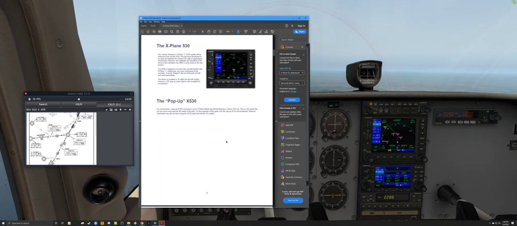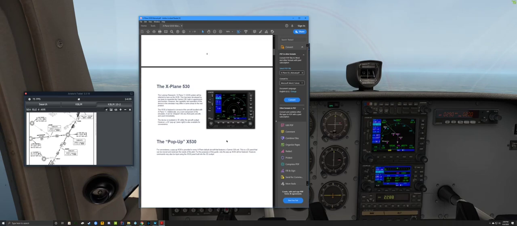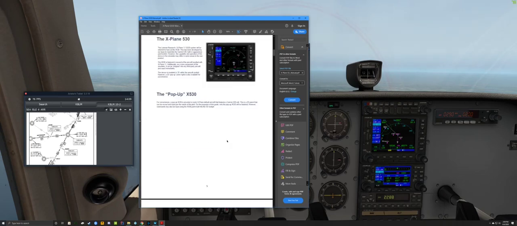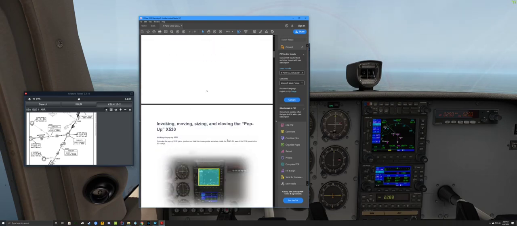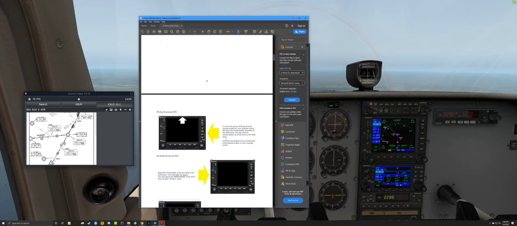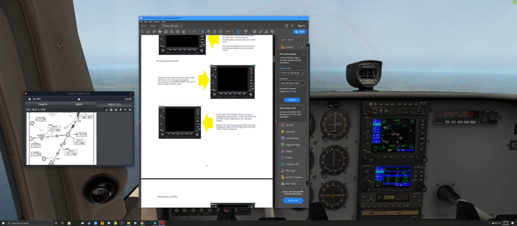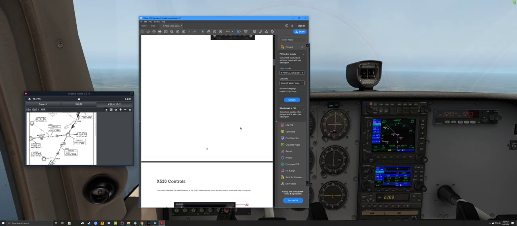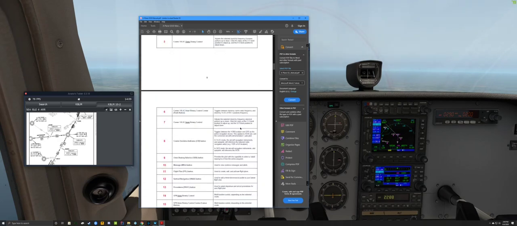But my point is, this thing works in the simulator as it works in real life, and therefore, if you really want to know how to operate the thing effectively and not experience mistakes and horrendous flights because of your misunderstanding of how this piece of equipment operates, you probably want to familiarize yourself with the documentation, and here it is.